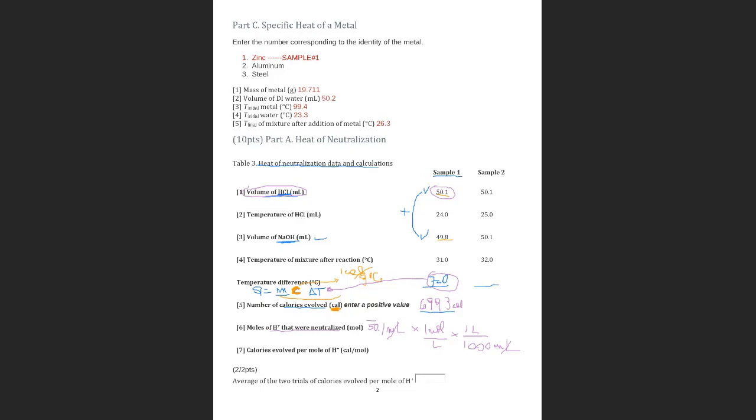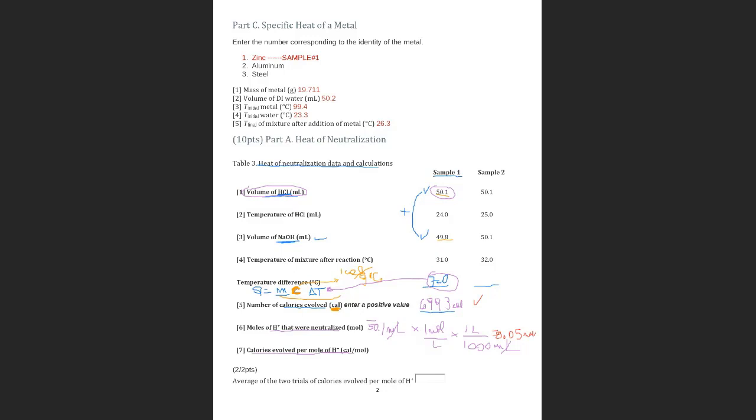It says calories evolved per mole of acid. So basically, you have the calories evolved. Divide by, here I got 0.05 moles.